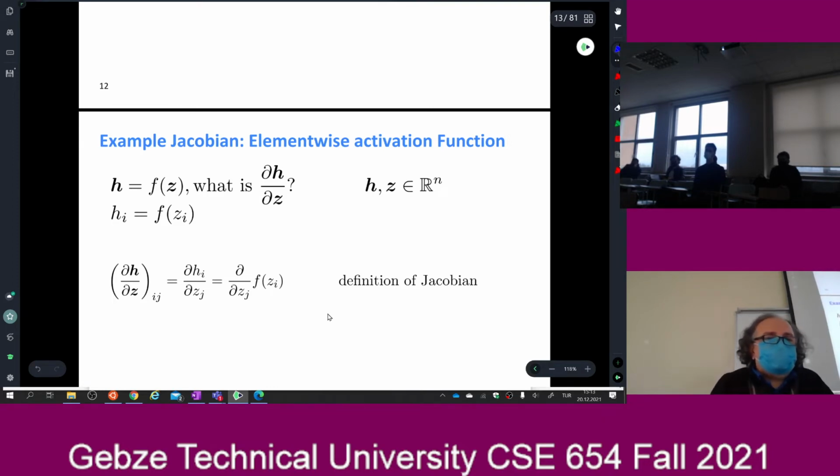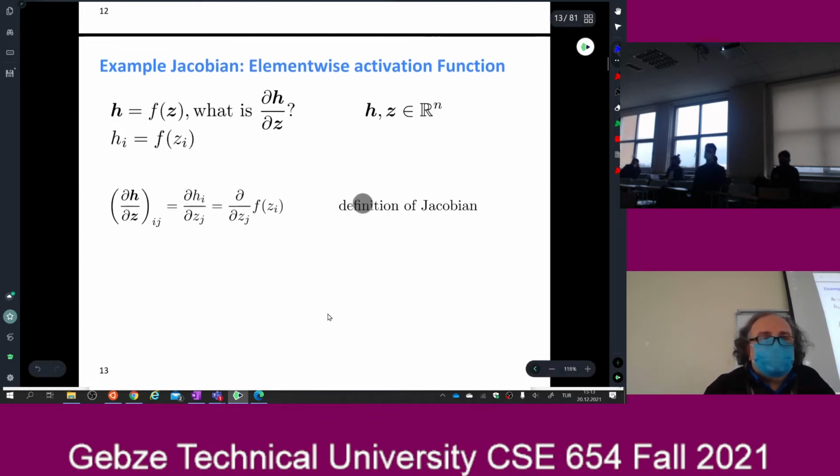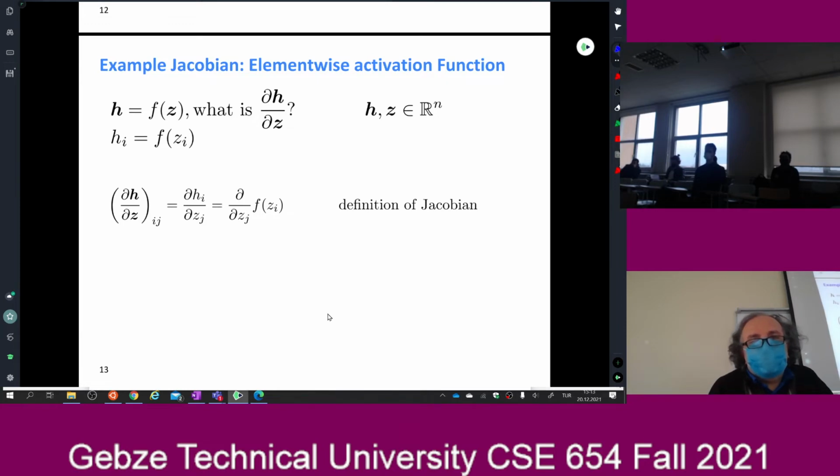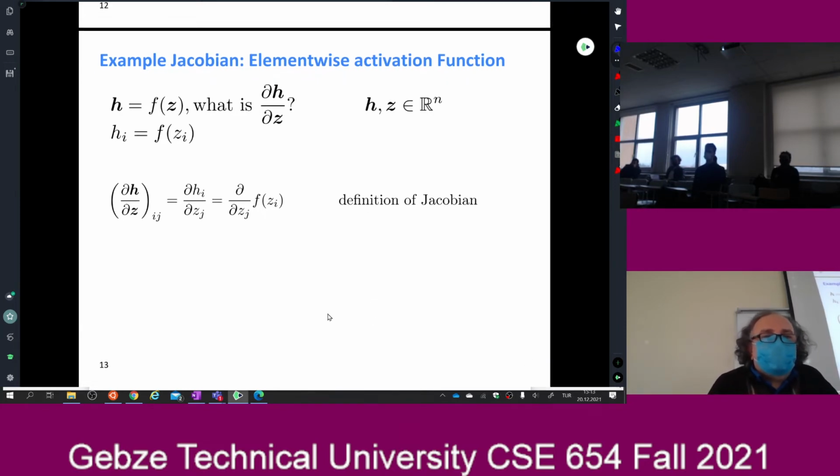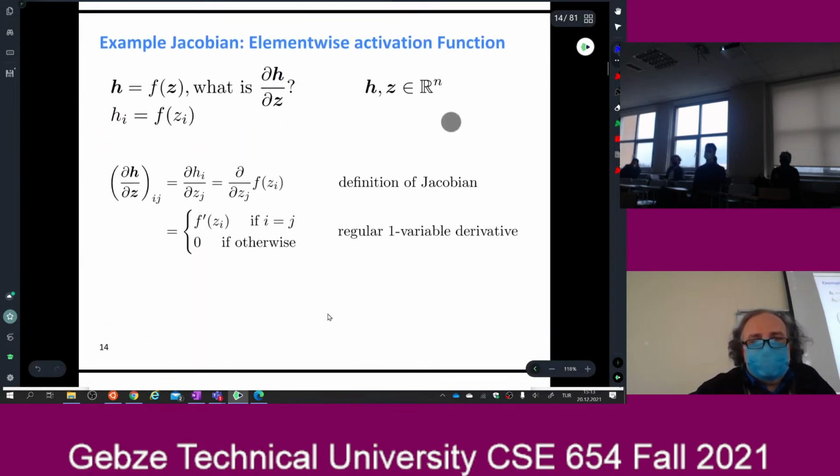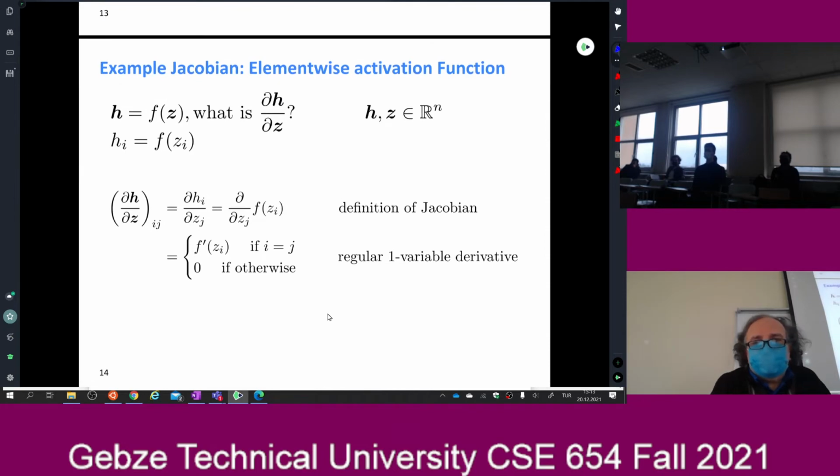Remember, z is just a vector, right? So each one has its own stuff, and h is a vector too. So it is like many inputs and many outputs. We are going to do the Jacobian thing, but in this case, I know that only the relevant z_i's matter, and it's going to turn out like that, okay?